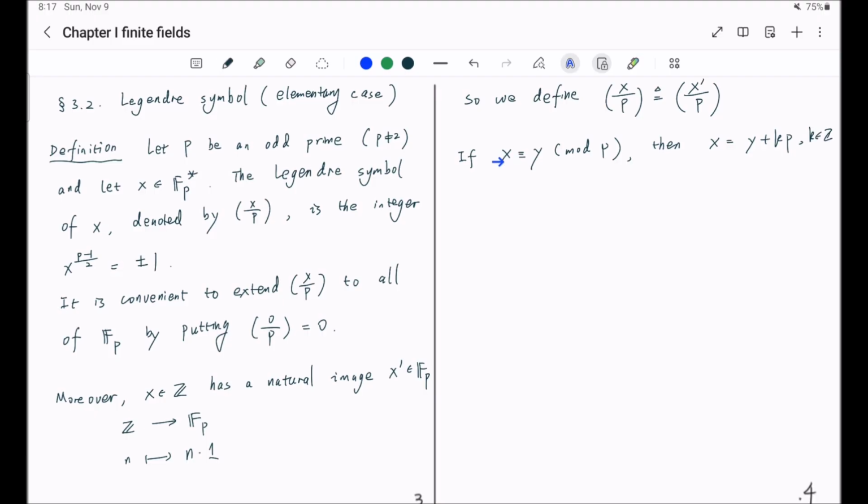And then if we take the (p minus 1) divided by 2's power, we see that this, if you use the binomial theorem, is congruent to y to the (p minus 1) divided by 2 modulo p, because all the other terms are divisible by p in the binomial expansion.